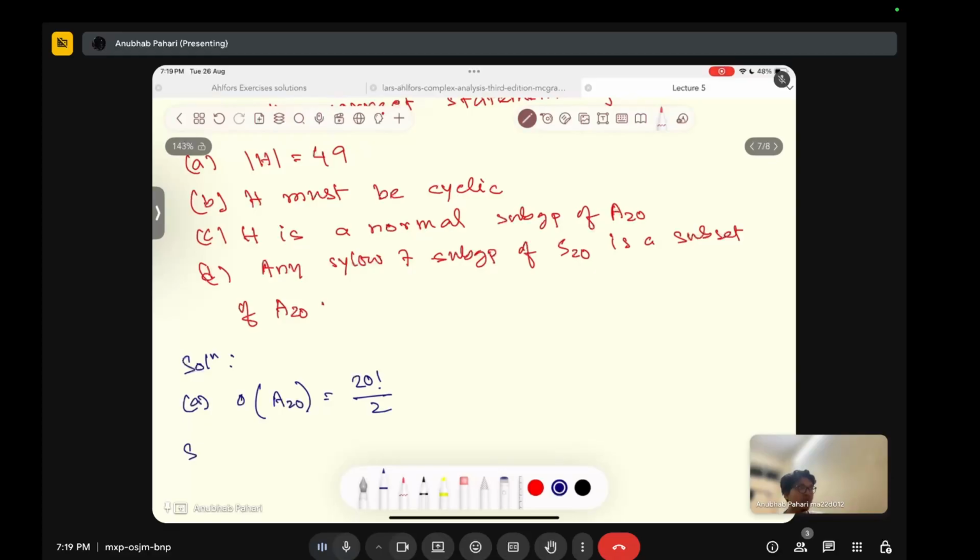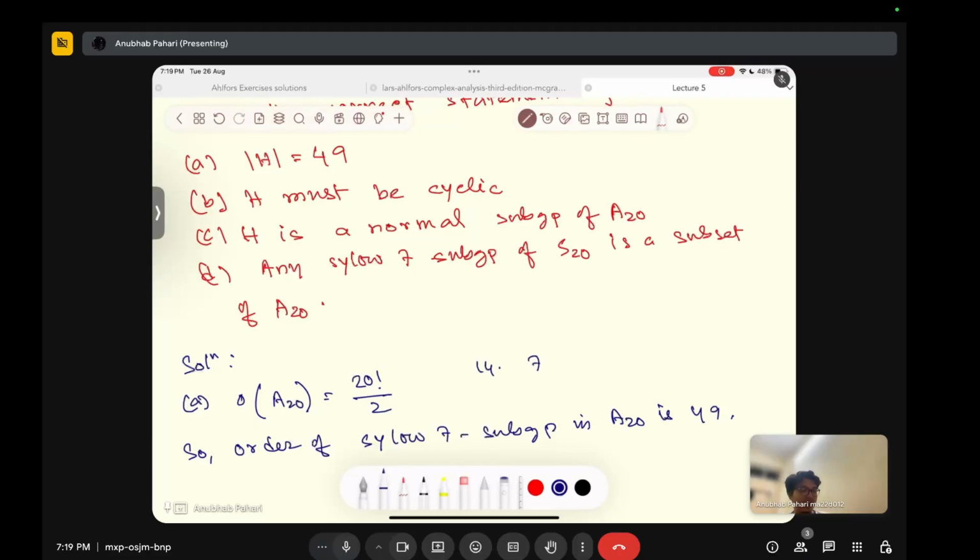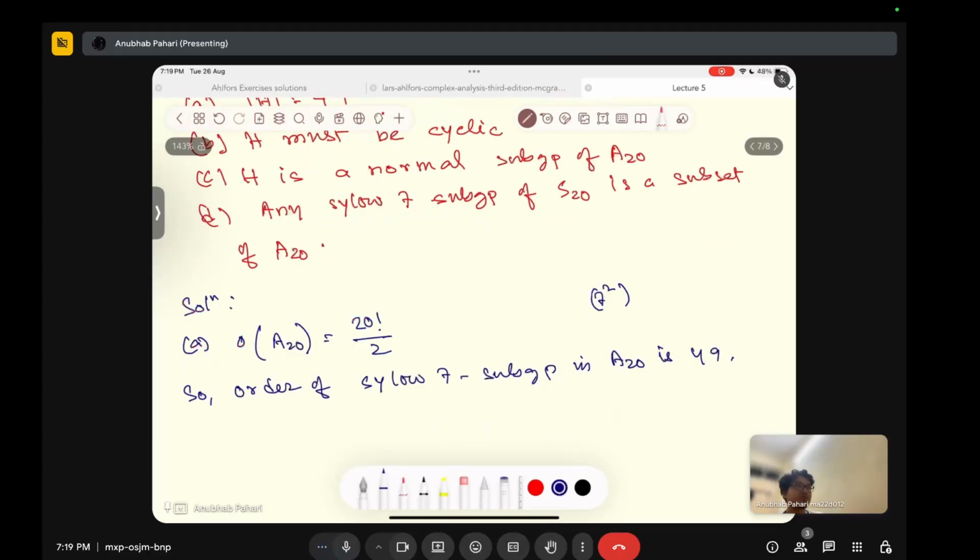The order of a Sylow 7-subgroup in A20 is 49, because the highest power of 7 here is 7 squared, which is 49. So option A is true.